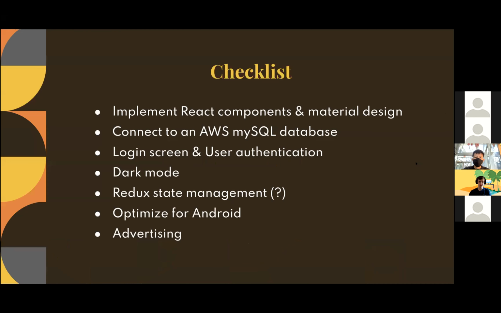And this is a checklist for what we're going to do in the future. We're going to finish implementing all the React components and material design, connect to the Amazon AWS MySQL server, or I mean database, finish the user authentication, implement our dark mode, and optimize for Android and advertising if we're launching to the App Store or etc. We were also thinking about using Redux state management, which is something that you use to store variables across the entire app.